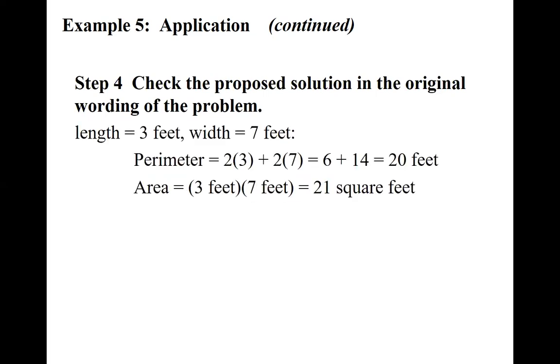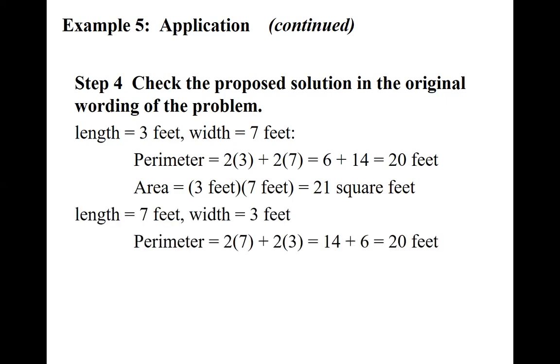And those check. And that's it for this topic. Solving a nonlinear system. It's exactly what it sounds like. It's a system of equations where at least one of the equations is nonlinear.